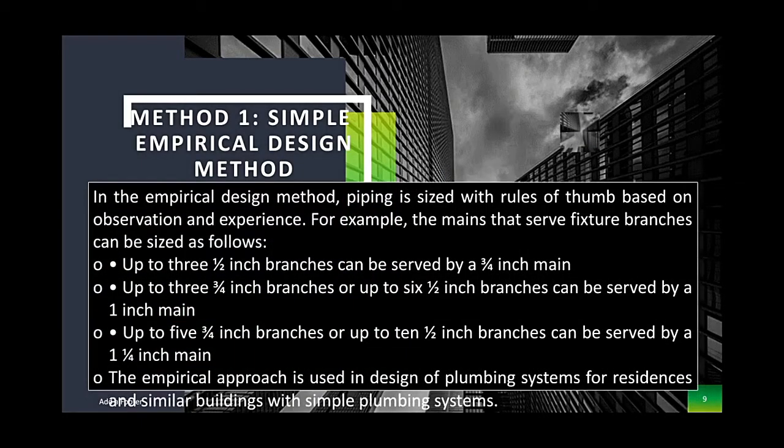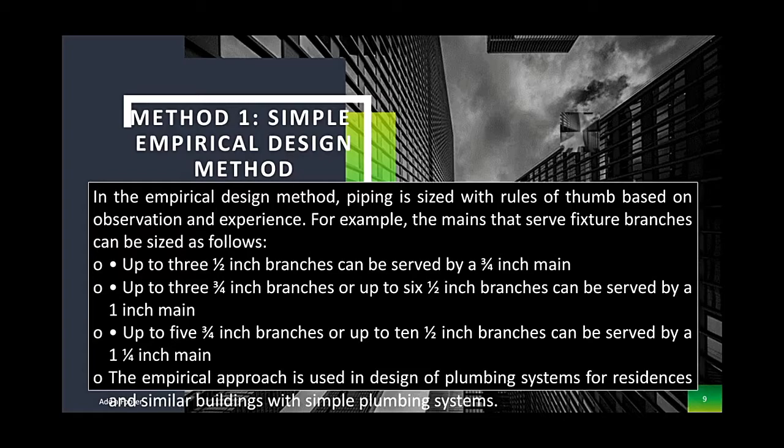Method 1. Simple empirical design method. In the empirical design method, piping is sized with rules of thumb based on observation and experience. For example, the mains that serve fixture branches can be sized as follows. Up to 3 1/2 inch branches can be served by a 3/4 inch main.